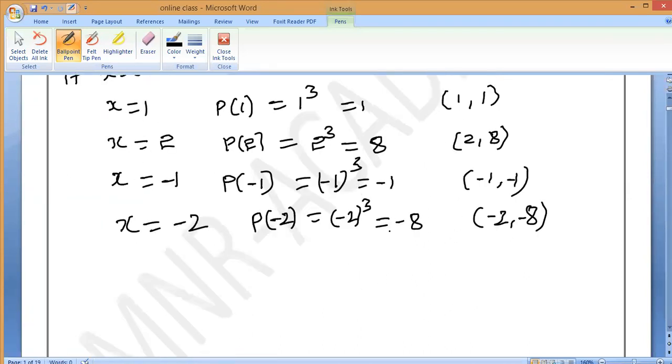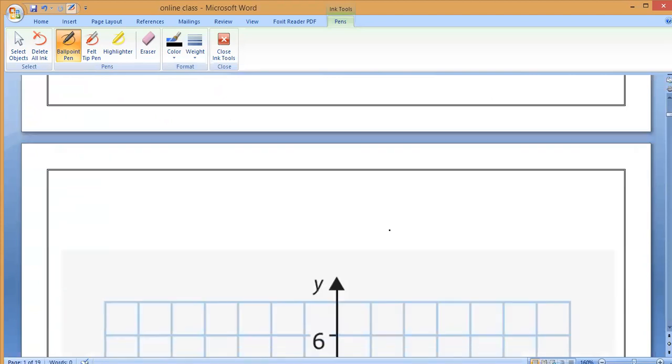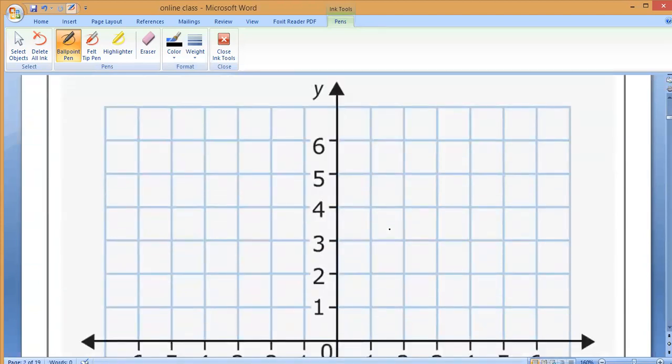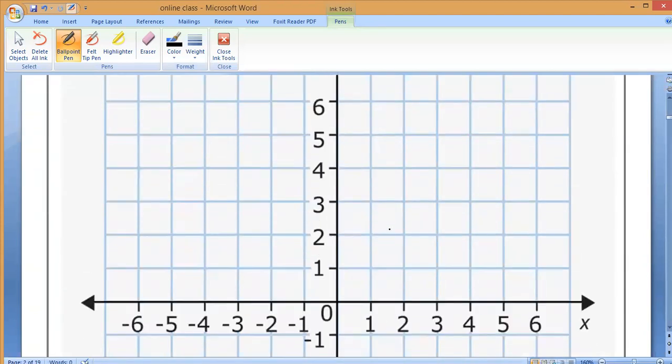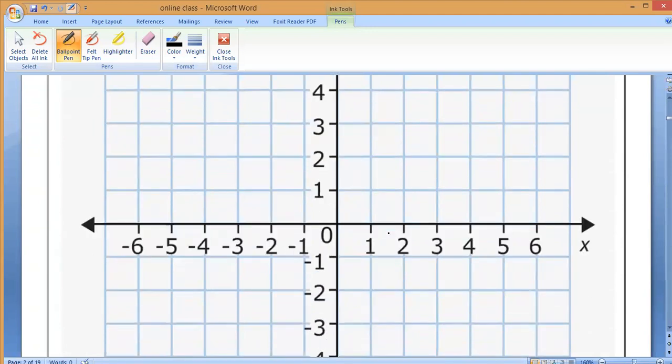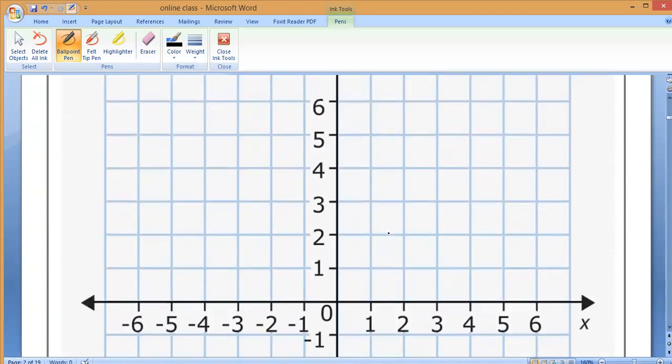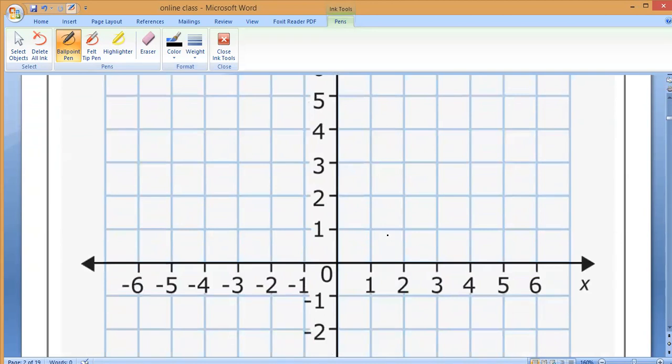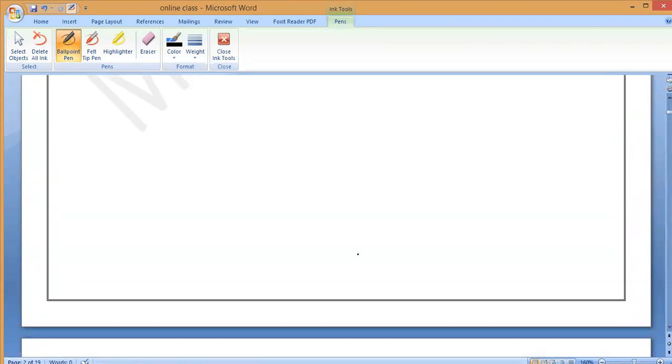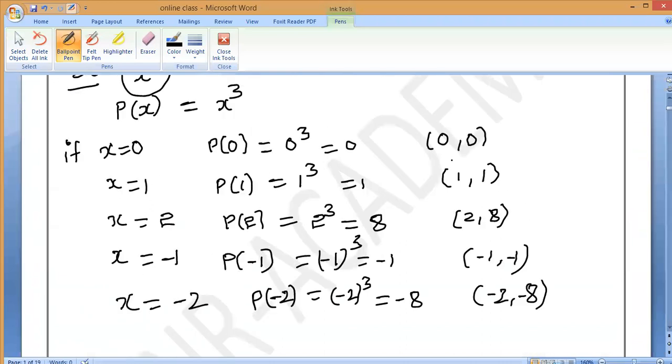Draw the x-axis and y-axis on graph paper. What is the first point? 0 comma 0.